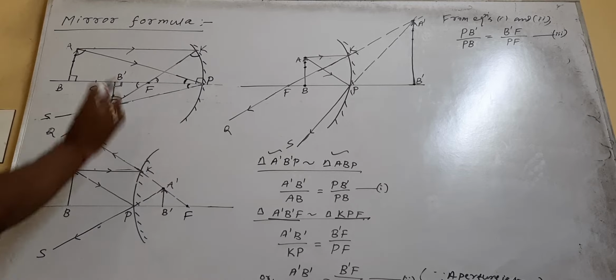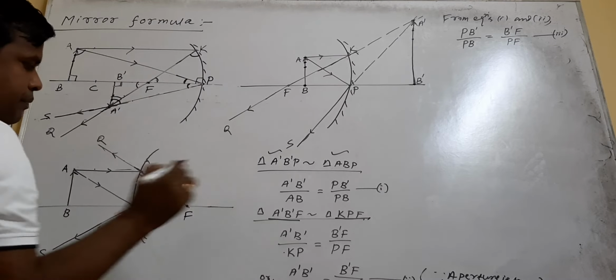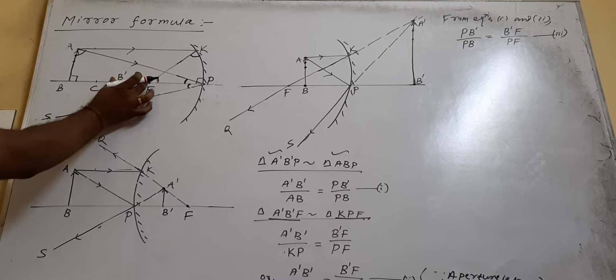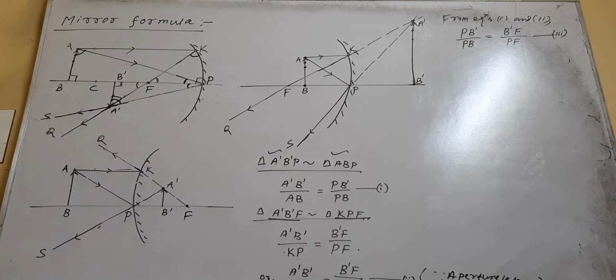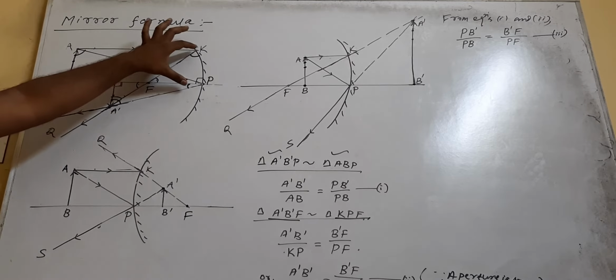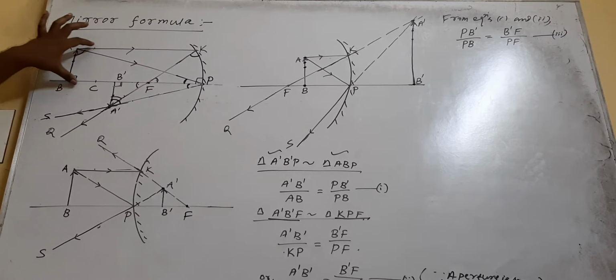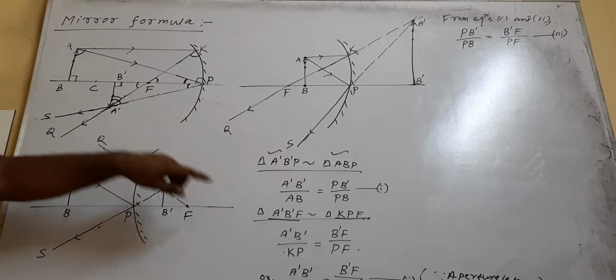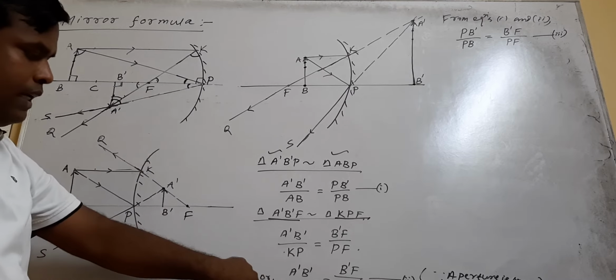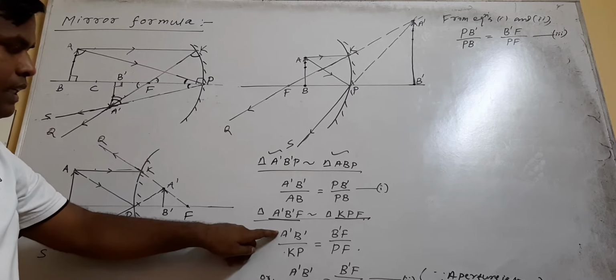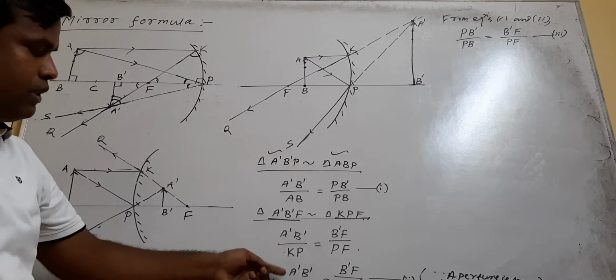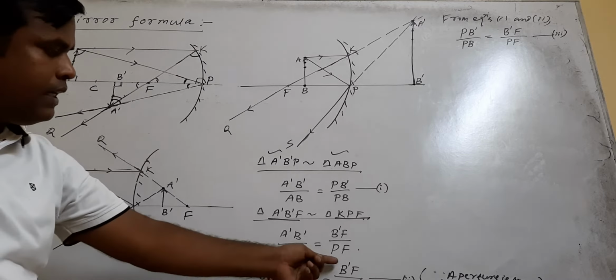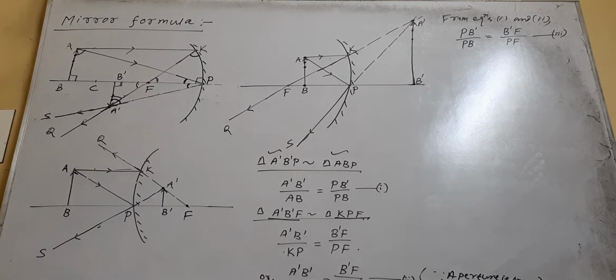A'B'/KP is equal to B'F/PF. As KP is almost a straight line, so KP is equal to AP. In place of KP, you can write AP. So your equation becomes A'B'/AP equals B'F/PF.